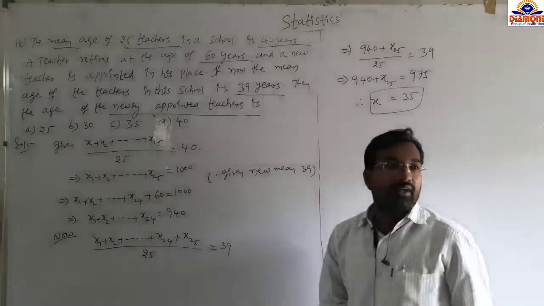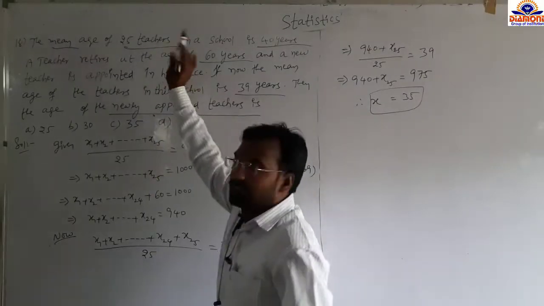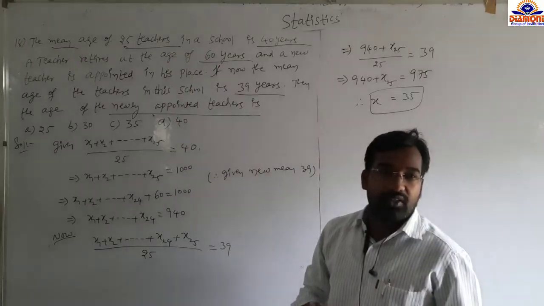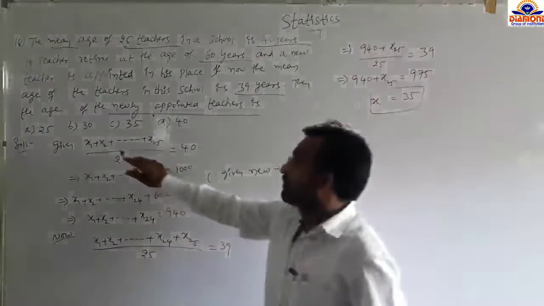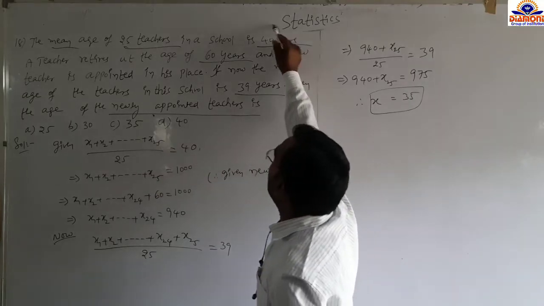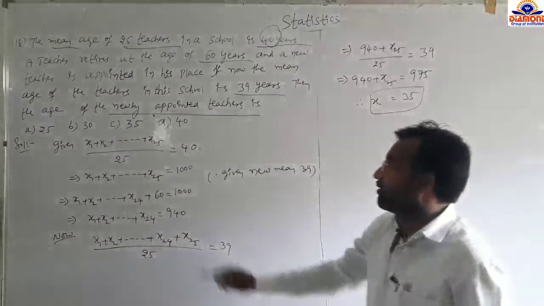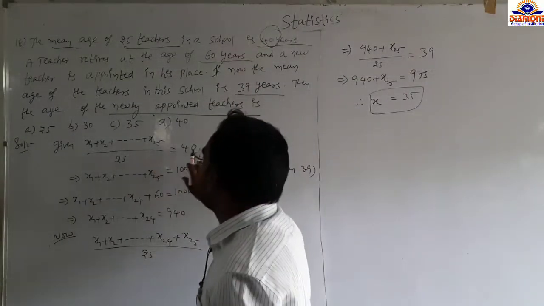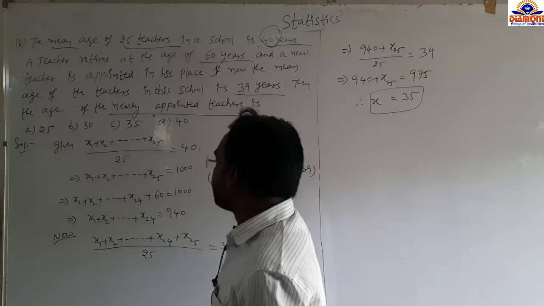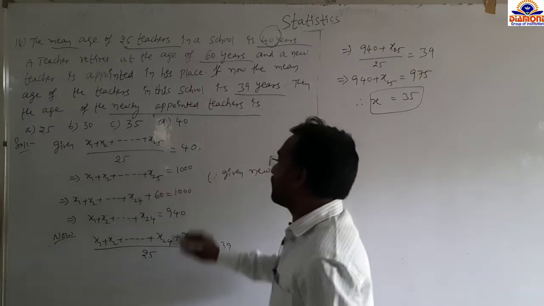So what is the given data? Mean age of the 25 teachers is given, so observations are 25 here. x1 plus x2 plus so on up to x25 by 25 equal to 40. Multiply by 25: 40 into 25 is 1000. So x1 plus x2 plus so on plus x25 equal to 1000.